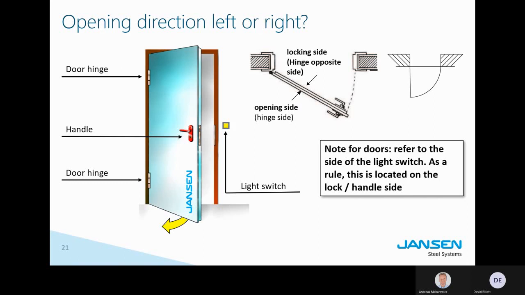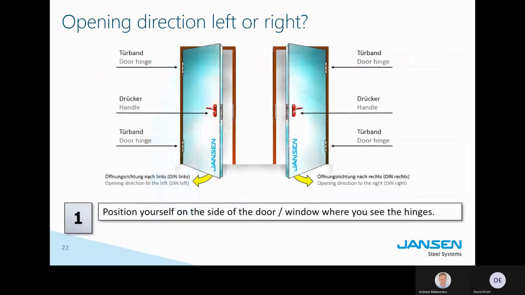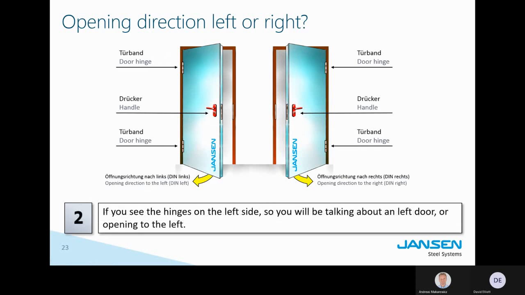The switch is usually located on the handle side if you only have one handle. Yeah. So here again, if you open to the right, then it's the right. Here again, I mean, it's kind of self-explanatory. The direction you pull the door towards will determine your opening direction.